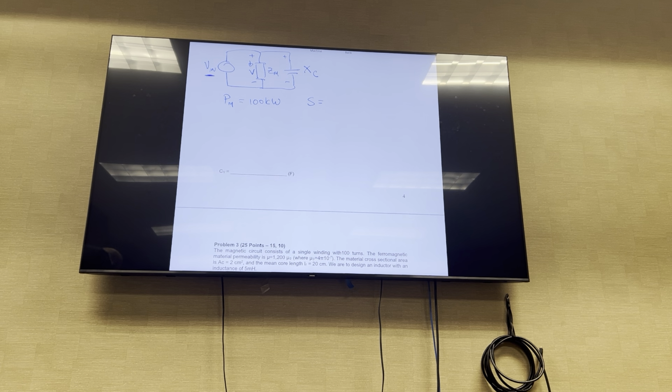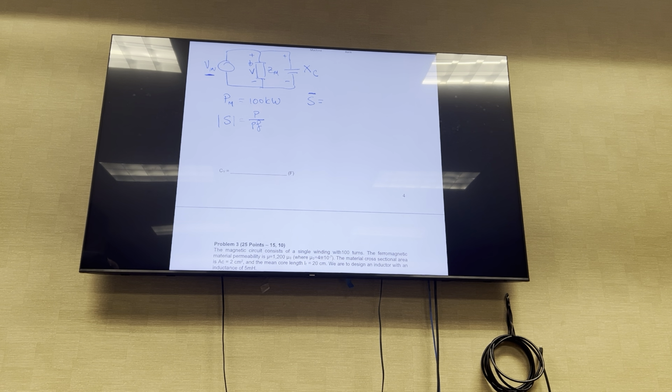Well, I could find S phasor too. Sorry, S phasor. Let's write out what it is. This is a good thing to have. This magnitude would be 100 kilowatts over the power factor of 0.8. Absolutely, yep. So the magnitude will be P divided by power factor.